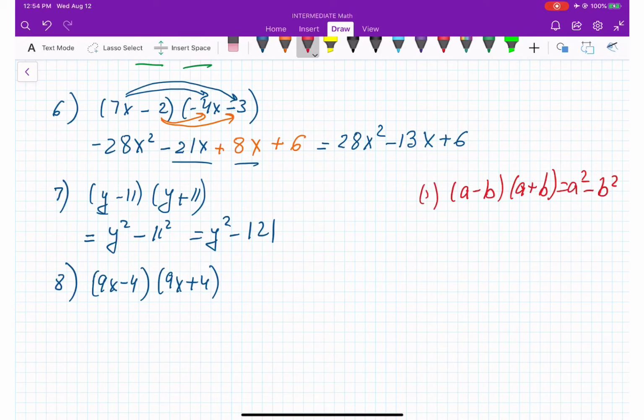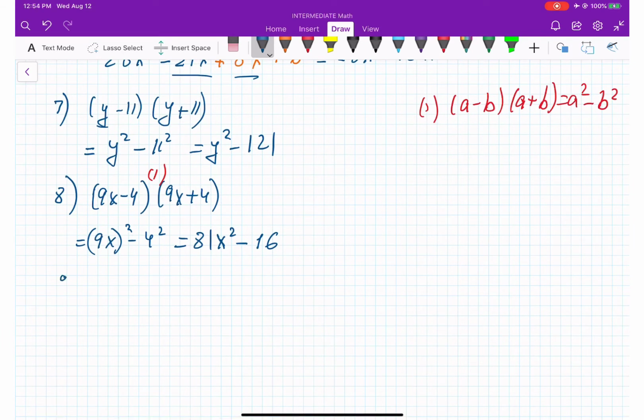So I'm applying same formula 1 here, which is going to be 9x squared minus 4 squared. So that is equal, 9 squared is 81. x to power 2 is going to be x squared, and minus 4 to power 2 is going to be 16. Okay.